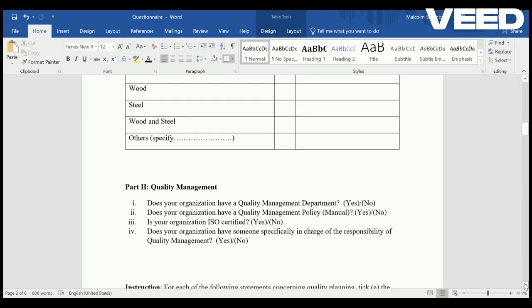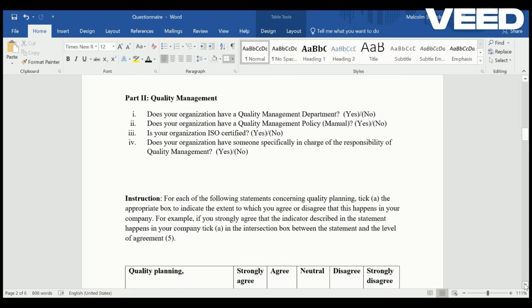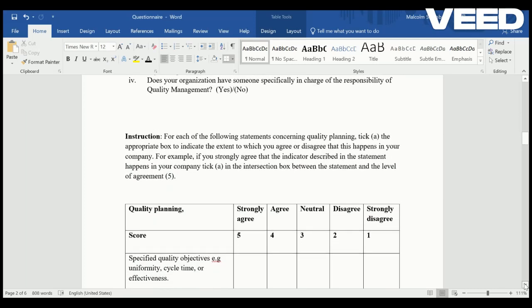Those questions are related to the independent variable, where I was inquiring if there is quality management in those organizations, if there is a quality policy in those organizations, if the organization is ISO certified, or if there is somebody responsible for quality management. So the second part of the questionnaire was about the independent variable. I wanted to find out information on the independent variable.